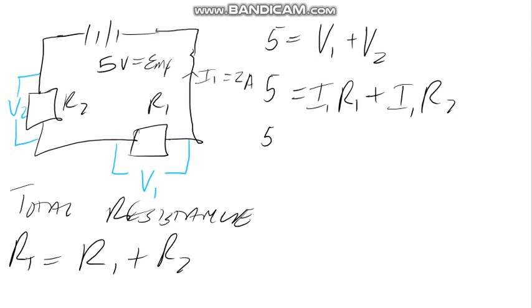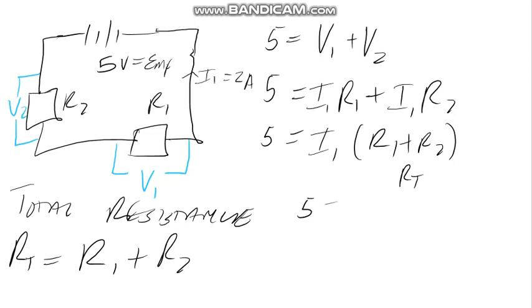I1 is the common factor there with maths. R1 plus R2 is the total resistance, so you can simply replace it with the total. In a series circuit, you add the resistors.